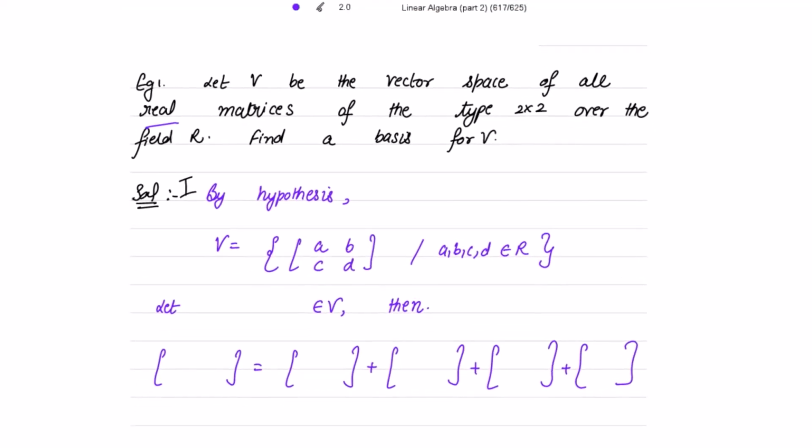Now to find the basis for this V, we have to first take one element from V. Let's find out the generators of V, right?